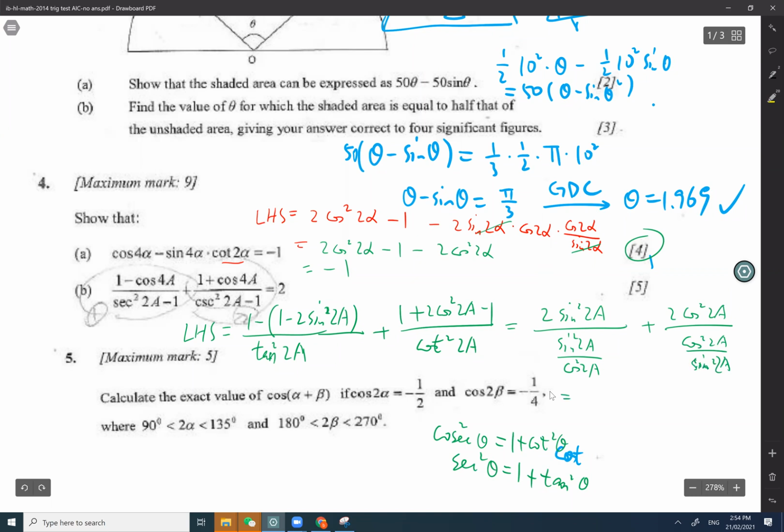So we got sine squared 2a cancelled. 2 cos squared 2a plus 2 sine squared 2a, which is 2, right hand side. That's number 4.